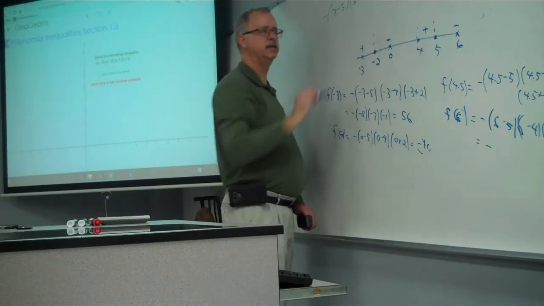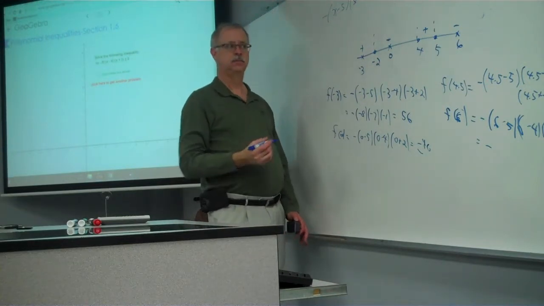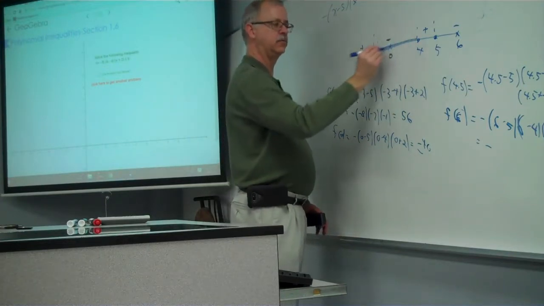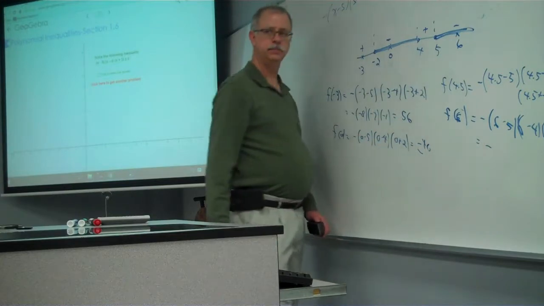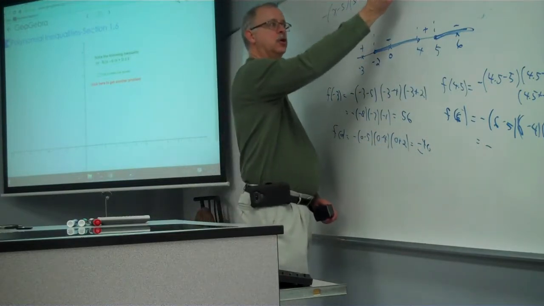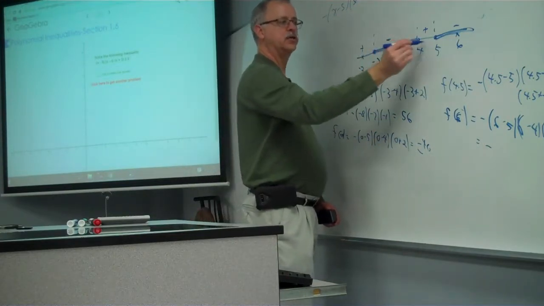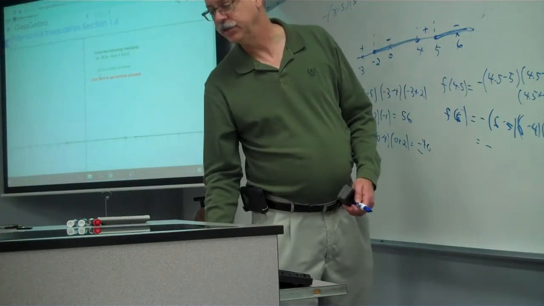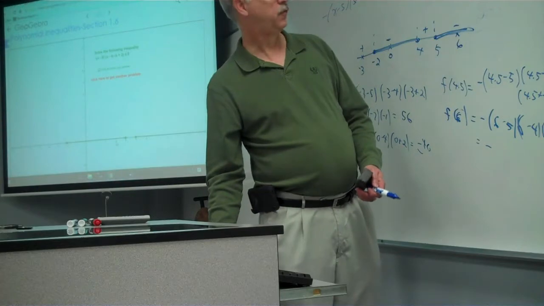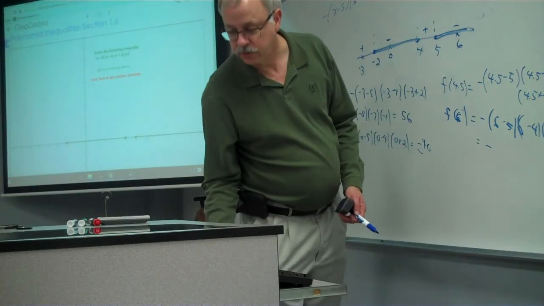We were interested in this case, where is it negative? So it's negative on this interval from minus 2 to 4, and from 5 on. And 0 is also possible, so the endpoints are actually included. And then we can click to see the answer from negative 2 to 4, and from 5 on.